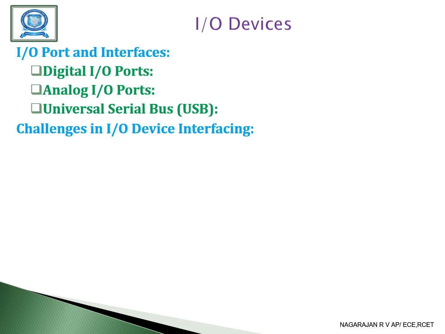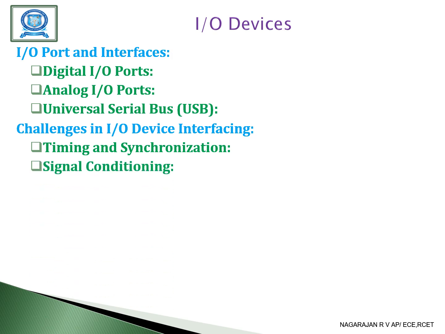Next, let us see the challenges in input-output interfacing. What are the challenges we face when we interface input-output devices to the embedded system? First one is timing and synchronization. This means ensuring that data is accurately transmitted and received without loss or corruption, especially in systems with strict timing requirements. Next one is signal conditioning.